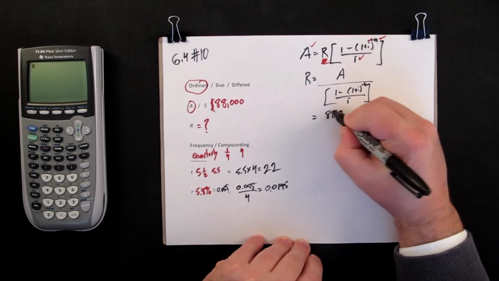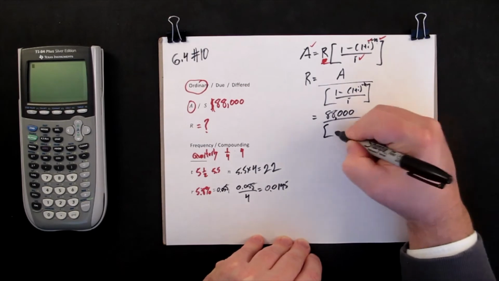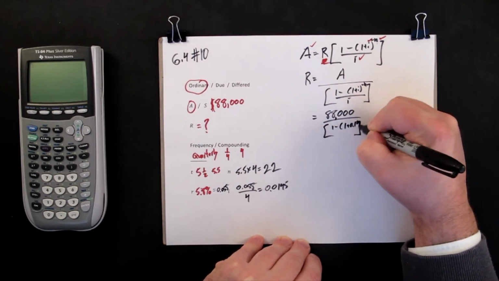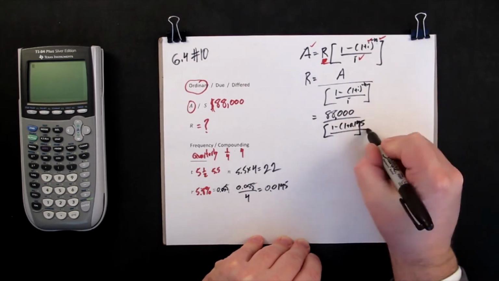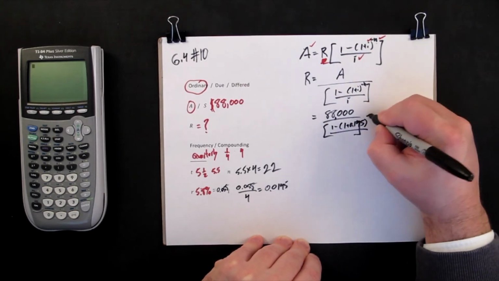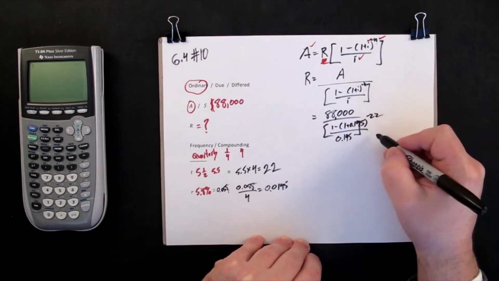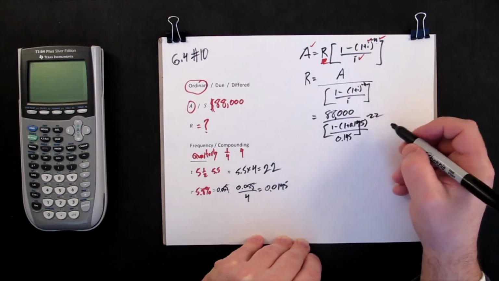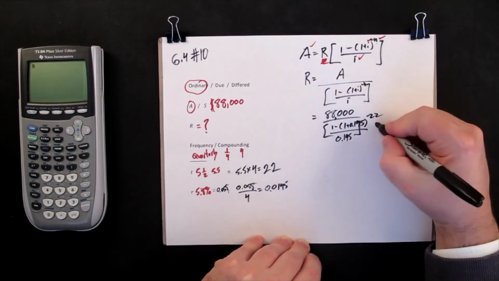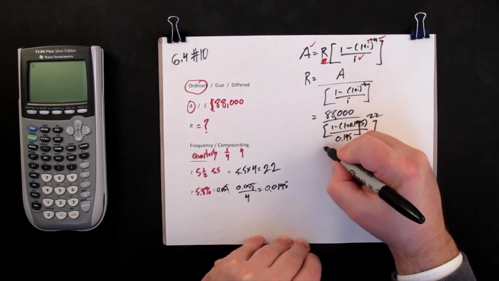So we have 88,000 divided by 1 minus 1.0145 to the negative 22. I'm just going to focus on this growth factor for the time being.